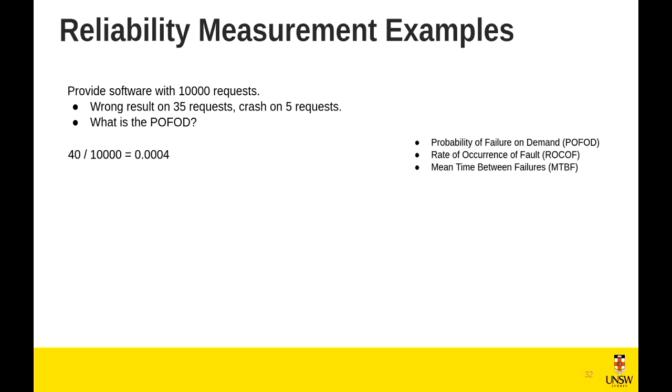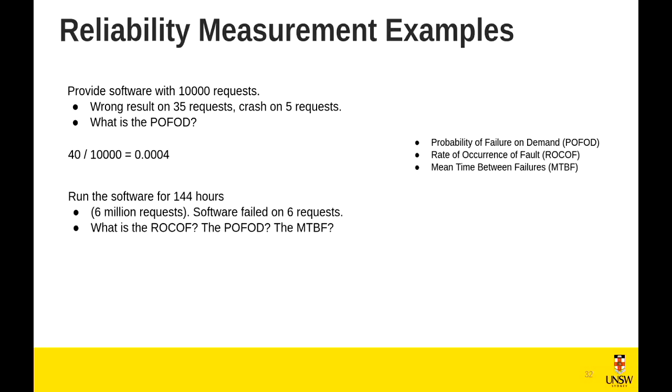So this is the number of failures we will have. And assume that we run the software for 144 hours. And during this period, we have 6 million requests, and the software failed on 6 of them. So what is the rate of occurrence of fault? Yes, 6 divided by 144, and that is roughly 0.04.